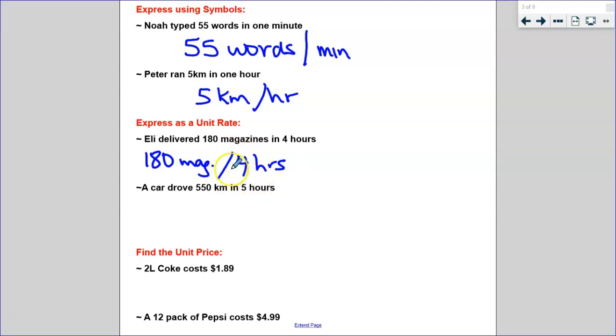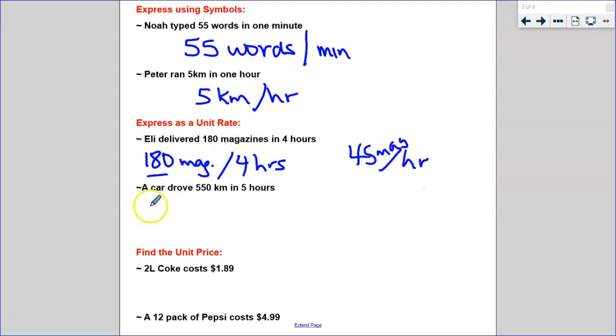So we need to get 4 down to 1, and in order to do that, we would divide by 4, right? 4 divided by 4 is 1 hour, and we would have to do the same thing to this. So 180 divided by 4 is 45. Sorry, it's a little messy. So now we found the unit rate. So he's delivering 45 magazines per hour.